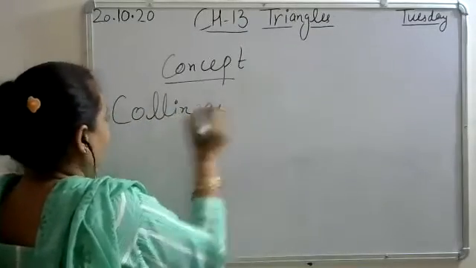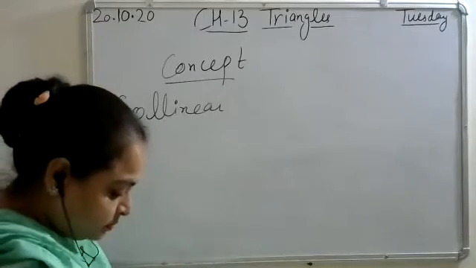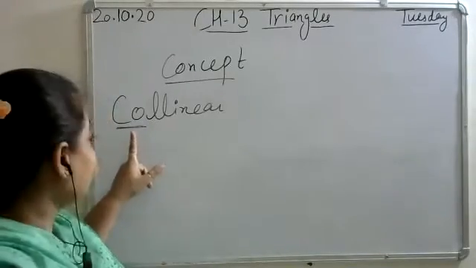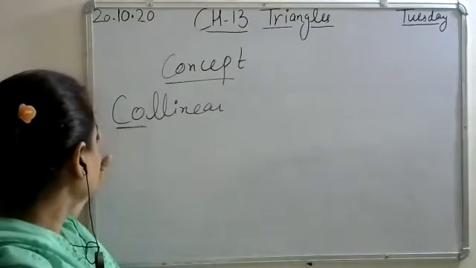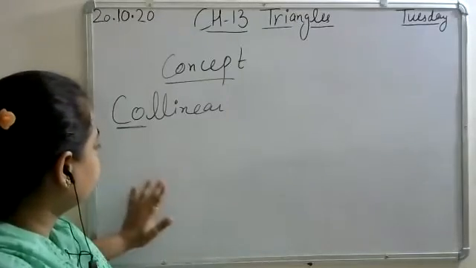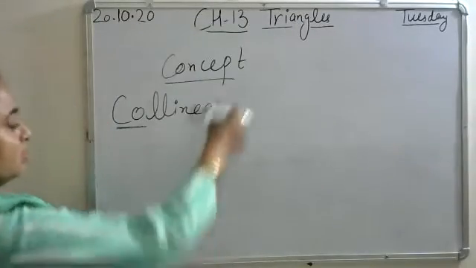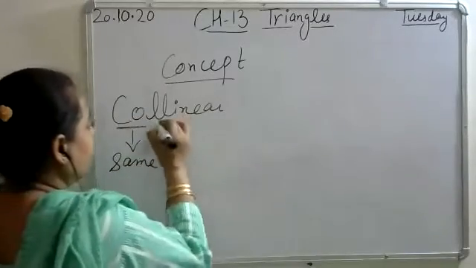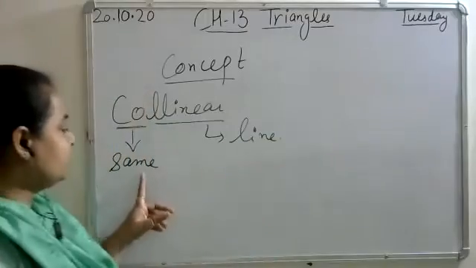Collinear. What is the meaning of co? What is the meaning of co, Arpit? I explained the meaning of co. You have joined the class late? Yes, ma'am. Co means same.